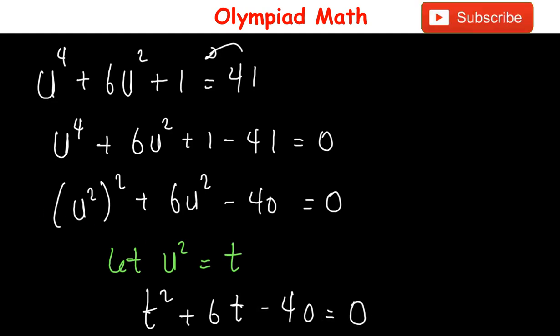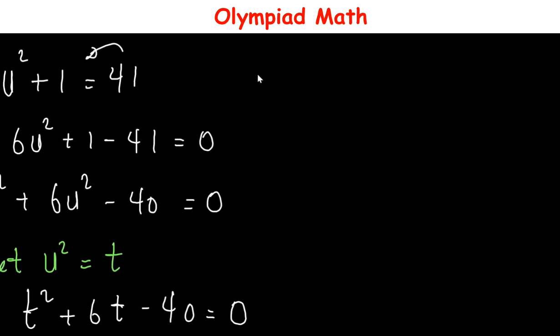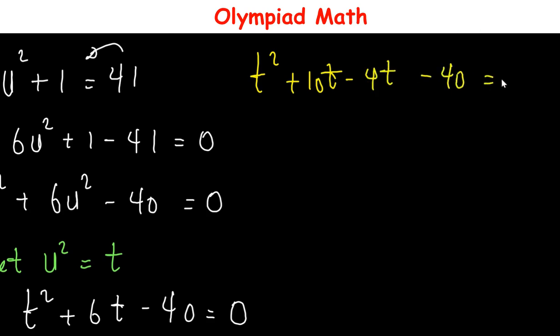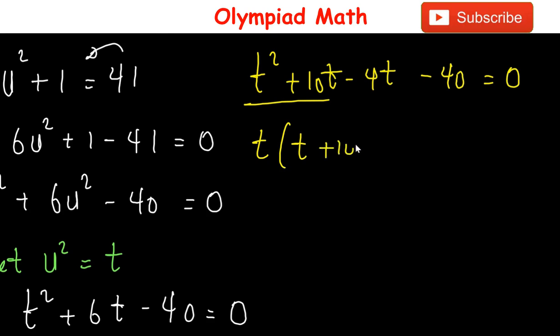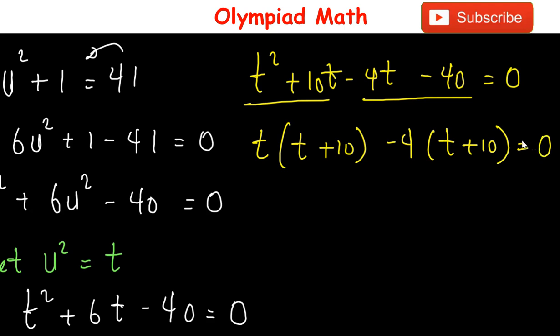Next, this equation is factorizable, so we have t squared plus 6t can be written as plus 10t minus 4t, minus 40 equals 0. Factorize out t from the first two terms: t into bracket t plus 10. Factorize out minus 4 from the rest: minus 4 into bracket t plus 10, and this equals 0.